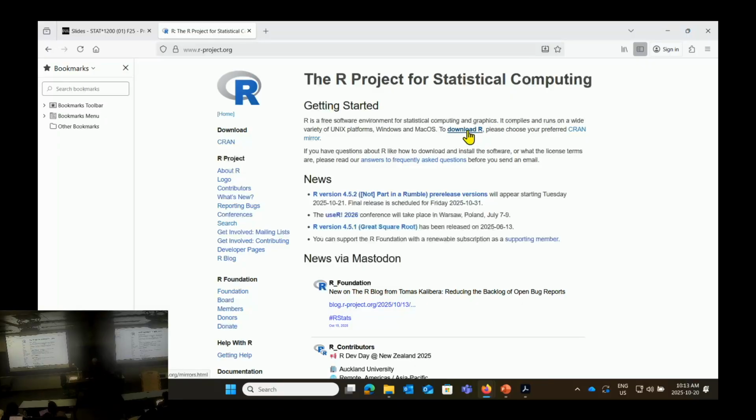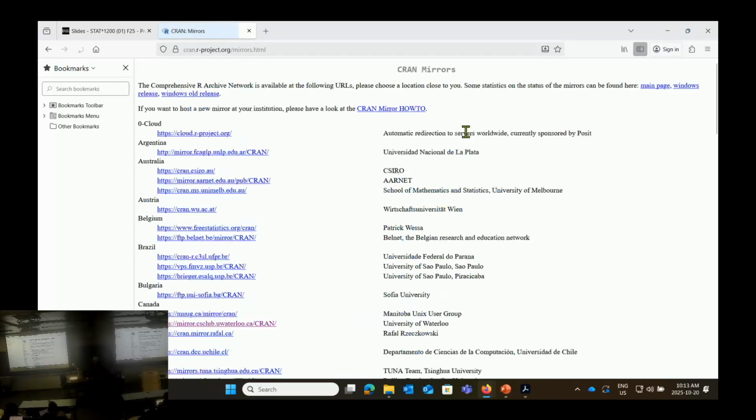And then to download R, it'll say, please choose your preferred CRAN mirror. Okay, so if we go to download R, it asks where you would like to download it from. Well, we're in Canada. And it honestly doesn't matter where you download it from, but I typically download from University of Waterloo.